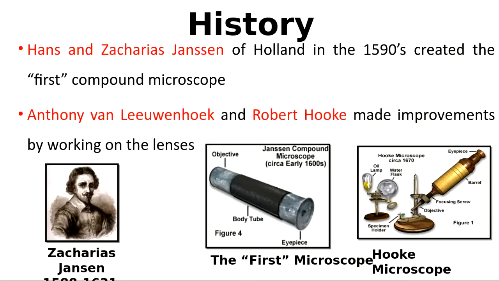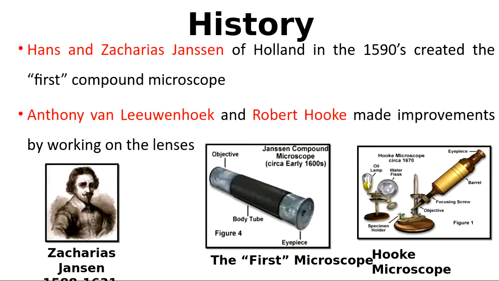So, history. Hans and Janssen of Holland in the 1590s created the first compound microscope. So what we use in the laboratory today in our dental school is a compound microscope. Hans and Janssen from Holland, in 1590. Now we are in 2020. See, almost 400 years, right? 420 years ago the microscope was invented.